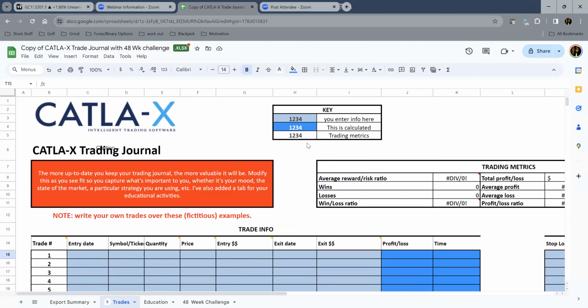These blue areas are the areas that are going to be calculated. This allows you to track your entry, what market you're trading, how many contracts you're trading, the price, dollar exit amount, profit, loss, etc. So let's just say one trade I made $456, another trade I made $600, another trade I made $900.